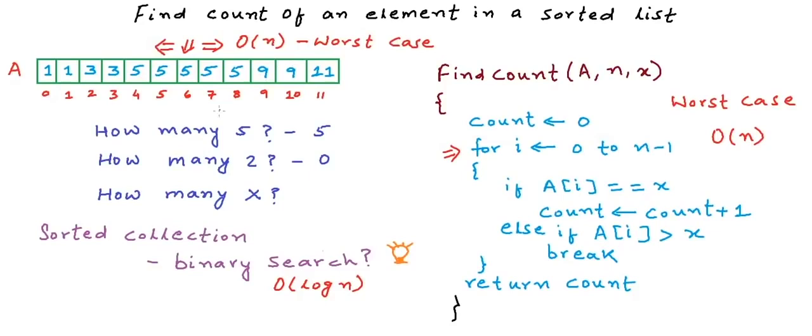So using binary search kind of does not give us much advantage if we use binary search in its basic form. Big O of n, because to perform binary search we will take big O of log n time, and then to find out all the adjacent occurrences of x we will take big O of n in the worst case. So for higher values of n, log n is negligible in comparison to n, so this is eventually big O of n.